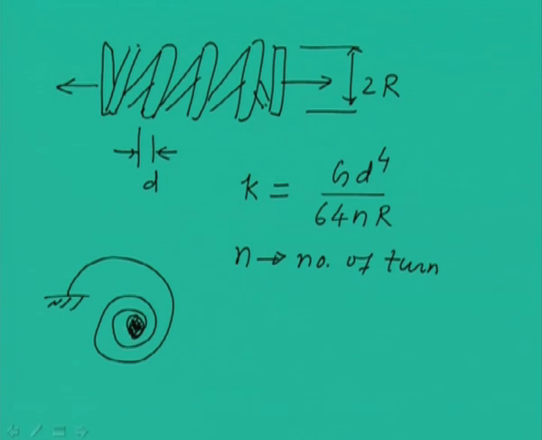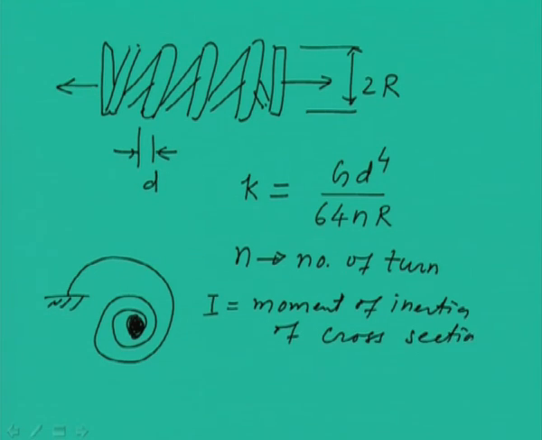So here we tighten up the spring from here, and we store the energy in the spring, and the particular dimensions like the I of this particular strip cross section, there is a moment of inertia of cross section area, and L is the total length of this strip.